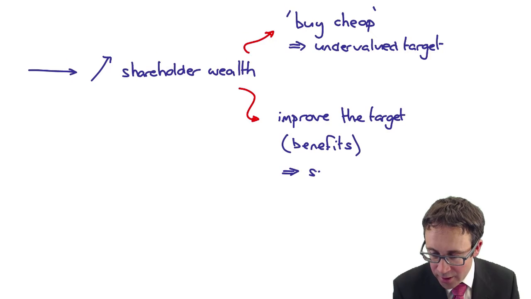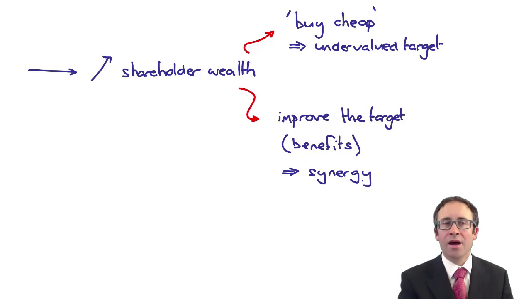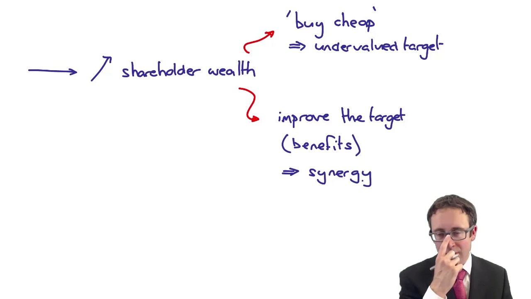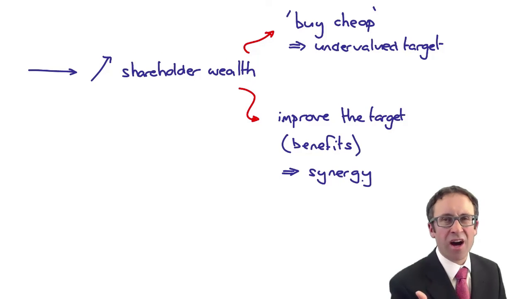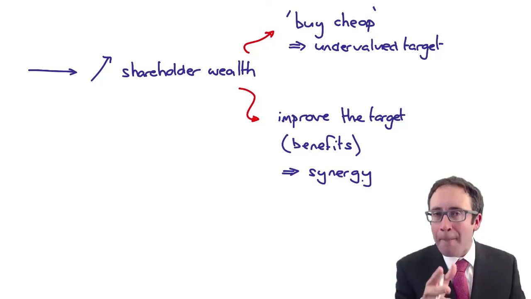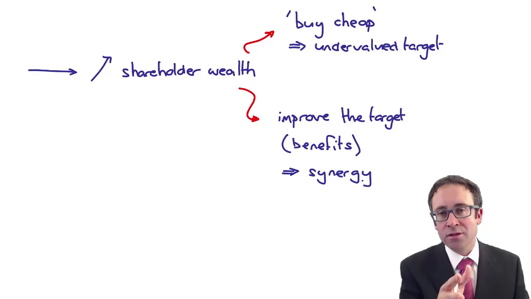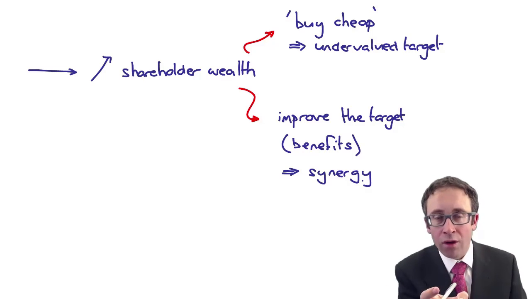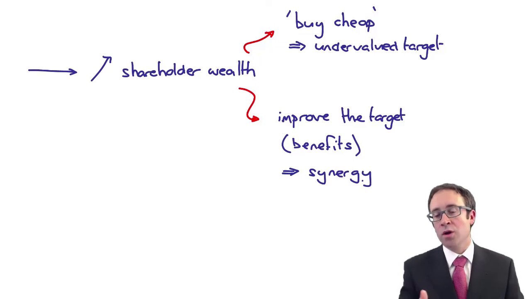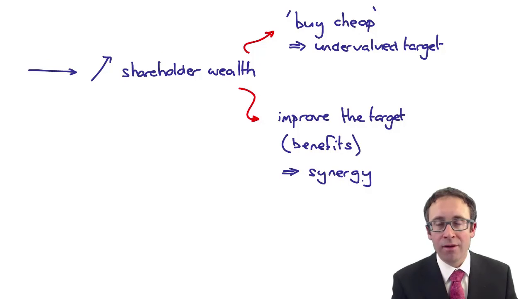So we think that there is some synergy that exists within the business. So the old idea that 2 plus 2 is 5. I know it's not, 2 plus 2 is 4. My mental arithmetic isn't that bad. But 2 plus 2 is 5 because when I take the profit of the predator of 2, and the profit of the target of 2, and add them together, that's 4. There must be an additional $1 million worth of synergy benefits, gains that can arise from the acquisition.